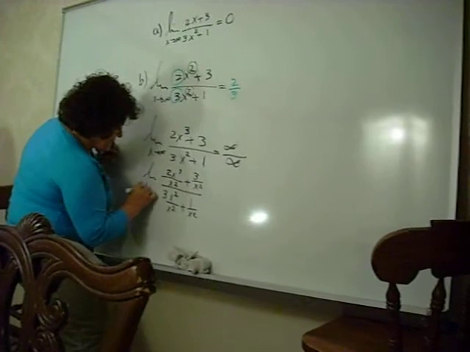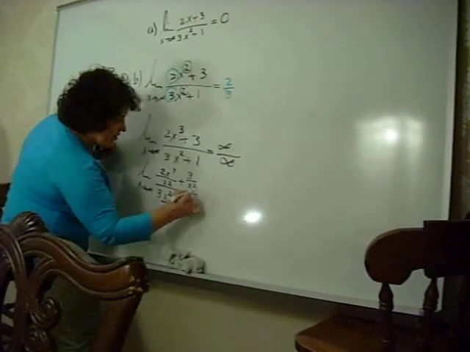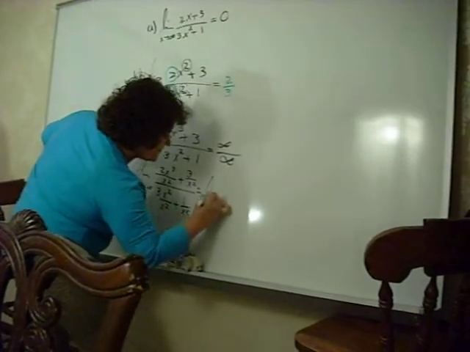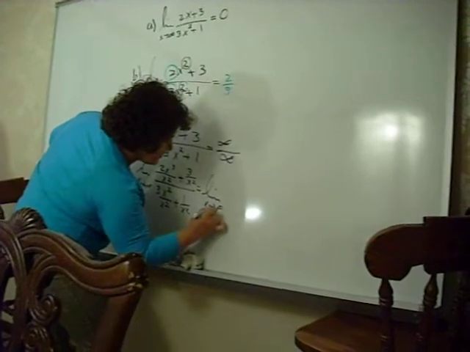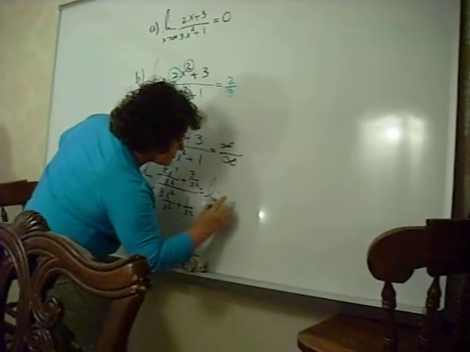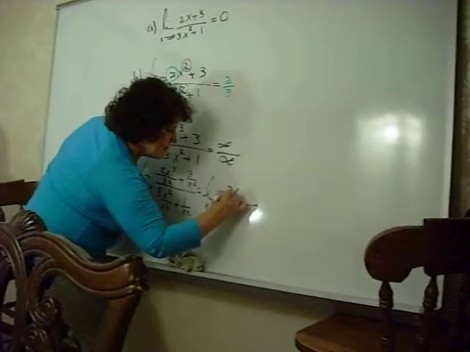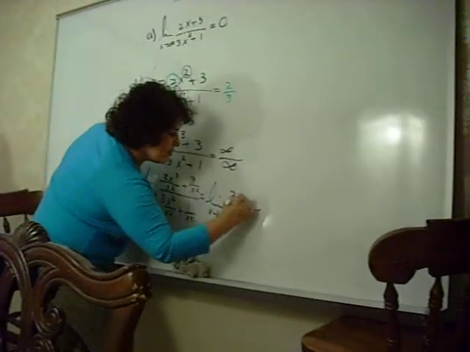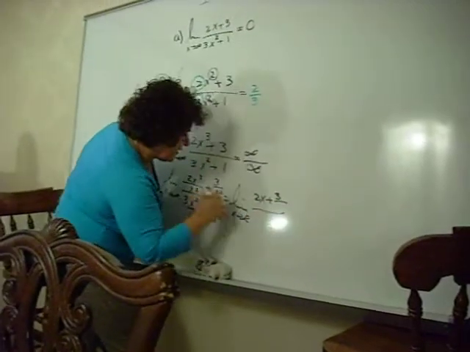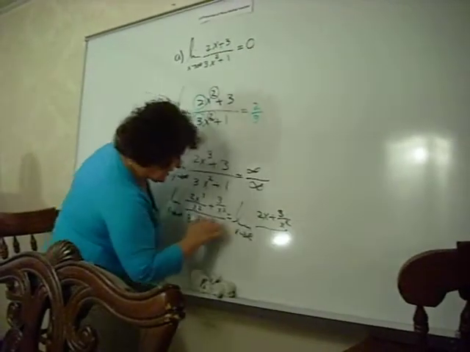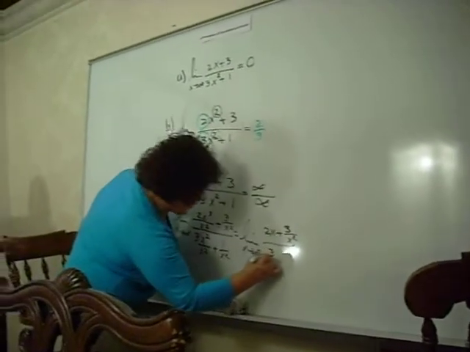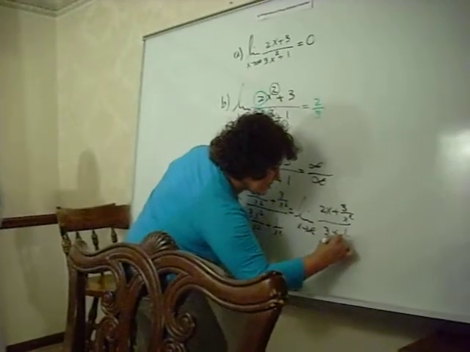When x approaches infinity, the top is 2x plus 3 divided by x squared, and the bottom is 3 plus 1 over x squared.